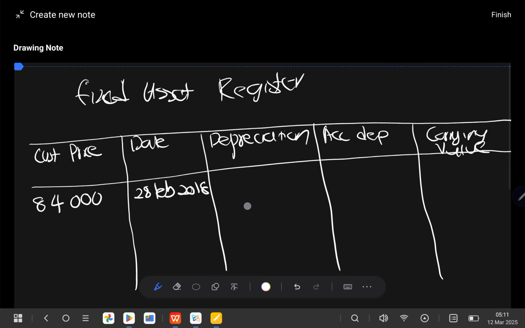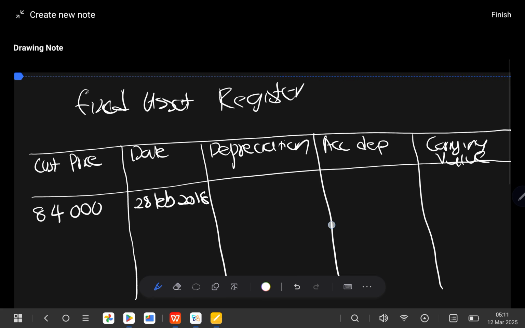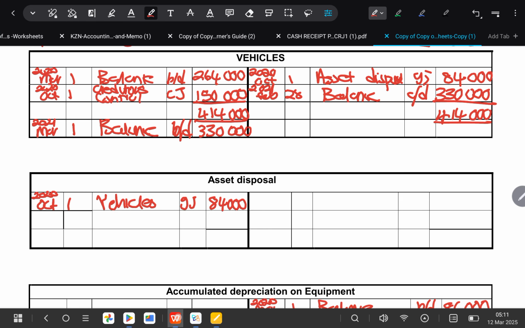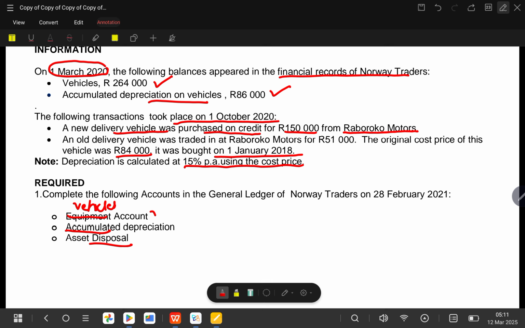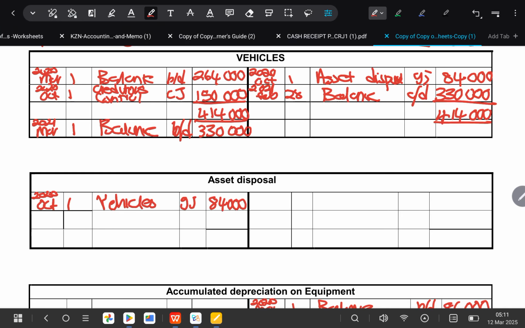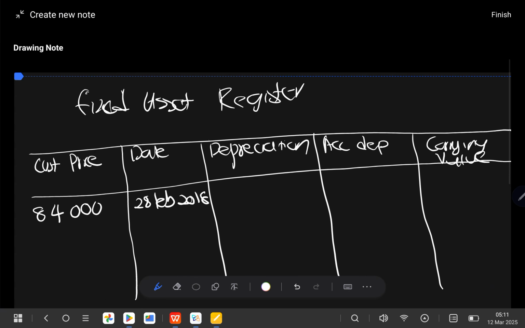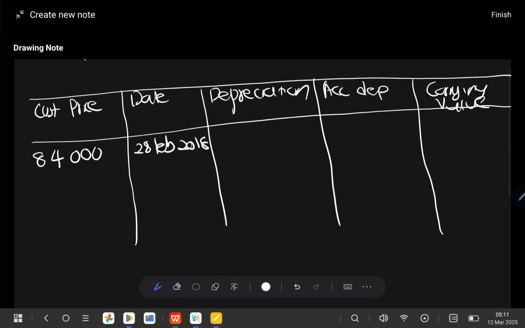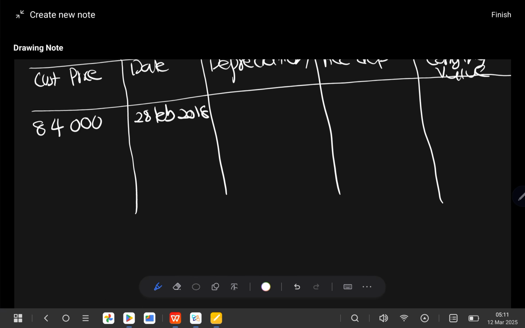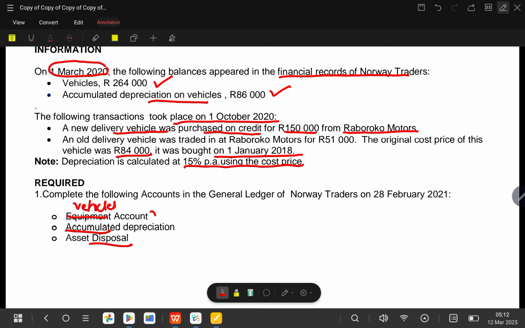How would you get it? Now in that year, you only had that asset for 2 months. So let's check. You only had it for January and February, because they said it was bought on the 1st of January 2018, so that's not a problem. So when we do our calculation for that, remember the rate that they spoke about. They said the rate is 15% using cost price, right?